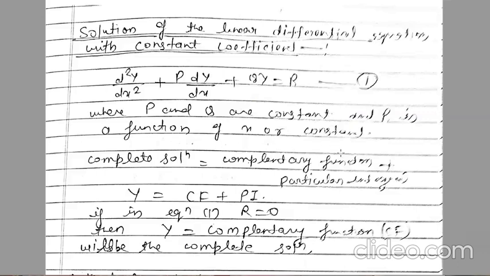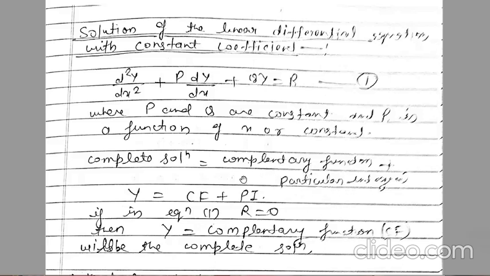For the solution of this equation, your complete solution is equal to complementary function plus particular integral. But if r, the right hand side, is equal to 0, then we don't need to find the particular integral.